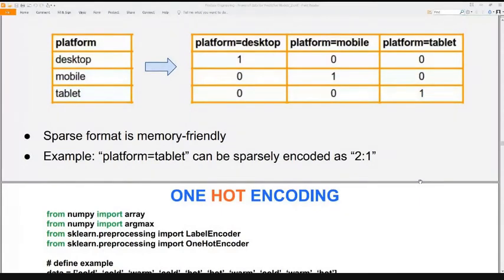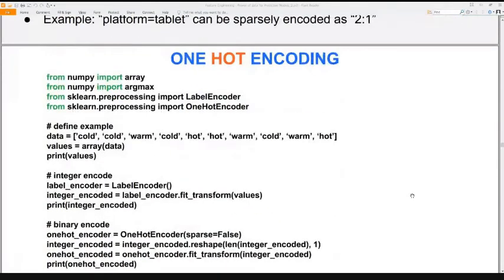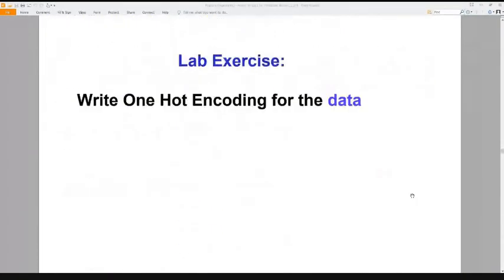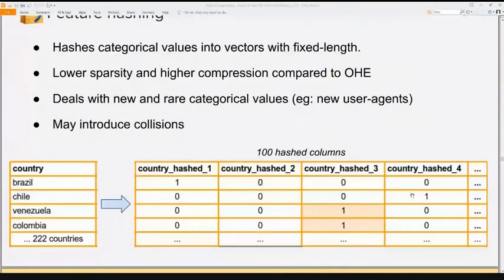Very much. Okay. One-hot encoding data, there we go.